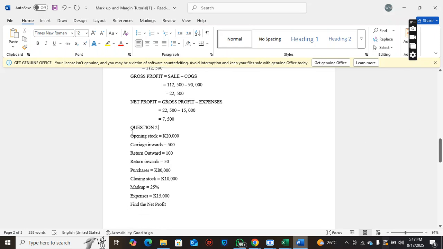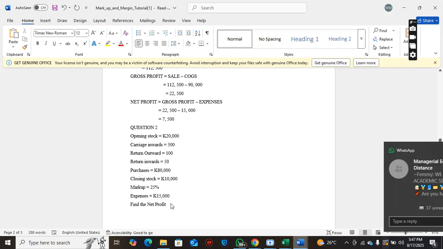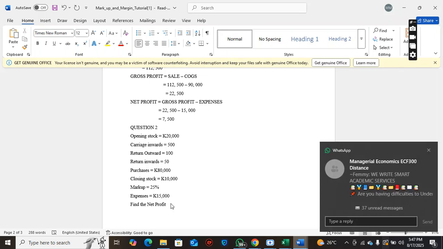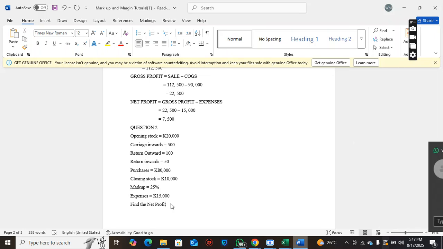We've been given all this information and with the markup, we need to find the net profit. Before we go to sales, yes, calculate cost of goods sold.